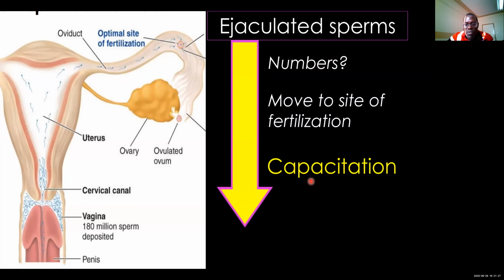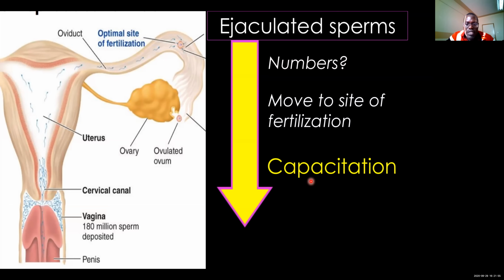The other reason why capacitation is important: maybe I've defined capacitation as the removal of the glycoprotein covering, but what's the purpose of that removal? One, the sperms become more motile. That means they can swim faster. They have their energy now back, they can swim faster, they're very happy. But the other reason is that, remember, we had blindfolded them in quotes.